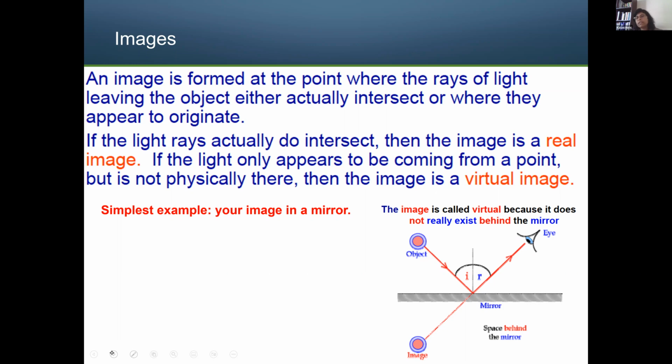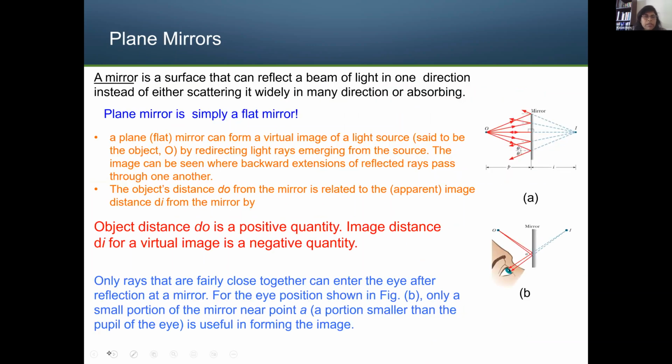That we call the virtual image. So in this example, this is the virtual image. We use dotted lines for extended light, and straight lines for real light. Okay, this is how we represent virtual and real in your drawing.